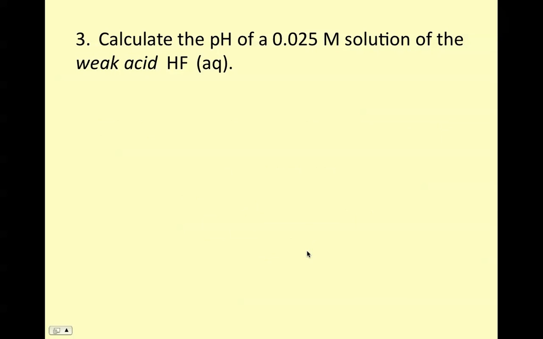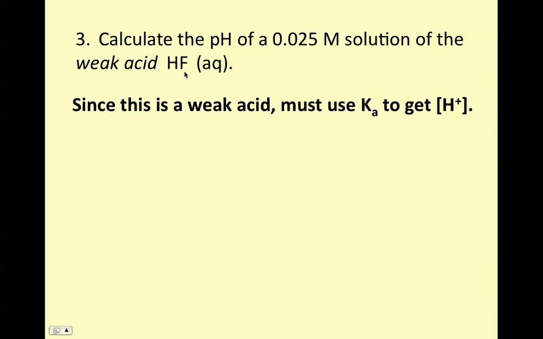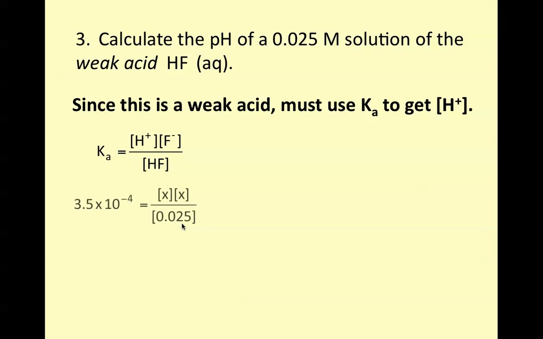And then finally, we're going to work with a weak acid, and we'll practice this more in class tomorrow. Because this is a weak acid, it's not going to completely ionize in solution, so we can't just plug in 0.025 molar. We're going to use the ionization constant of an acid, products over reactants. We're going to plug in our concentration of HF, and then plug in our ionization constant, which is coming from the back of your reference or your note packet.